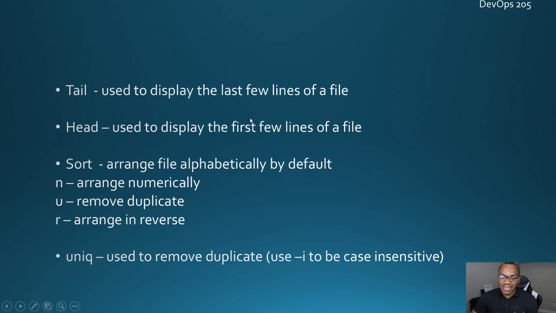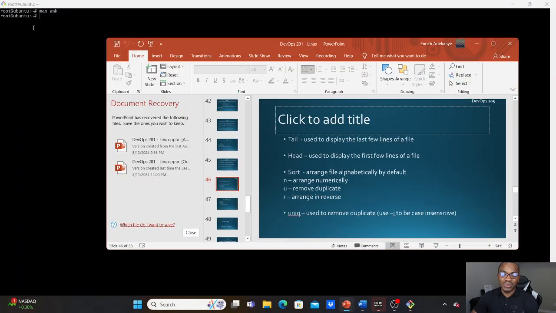So tail, as you know, is used to display the last few lines of a file. By default, it will display the last 10 lines. We have seen this in our earlier lectures on Linux. And don't mind the capital T, it is a small letter t. So if you want to use it at any point in time, you can just use it.